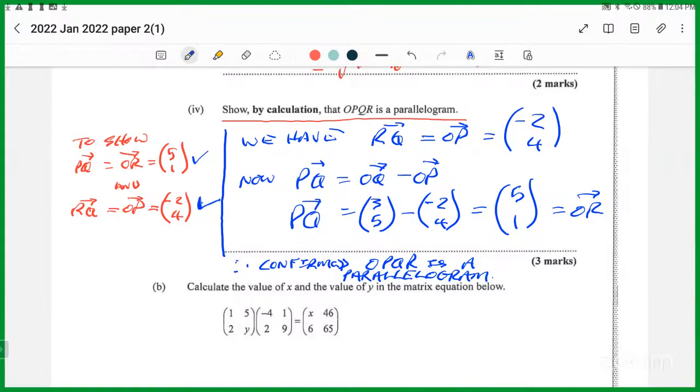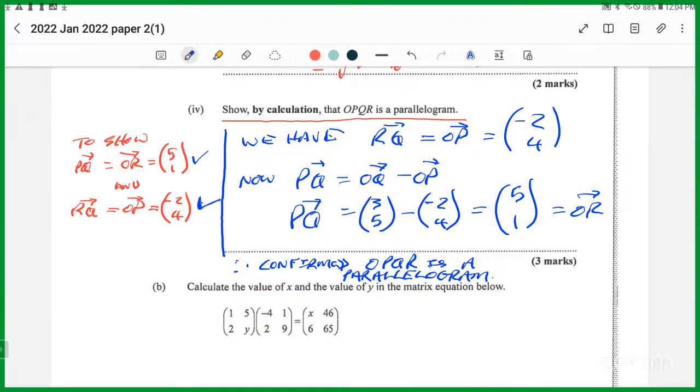And every time CSEC asks you to prove that something is a parallelogram, that's what you have to do. You have to show that the opposite sides of that parallelogram are equal vectors. Once it's a vectors question you're doing and it asks you to show that you have a parallelogram, that's what you have to show. The opposite sides are equal vectors.